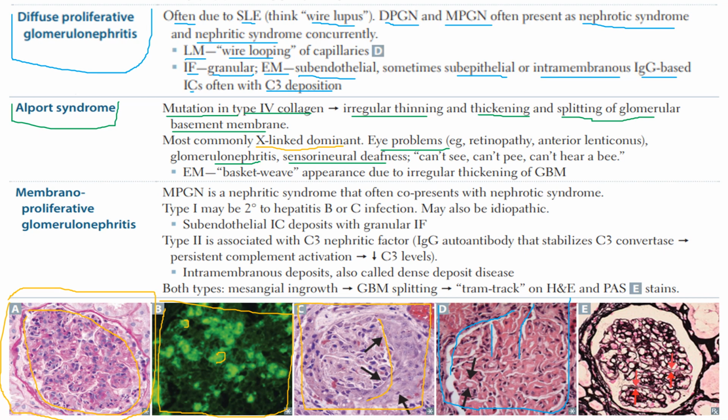It can be remembered as can't see, can't pee, can't hear a bee. It means there is an eye problem, glomerulonephritis, and sensorineural deafness. On electron microscopy, it shows a basket weave appearance due to irregular thickening of the glomerular basement membrane.